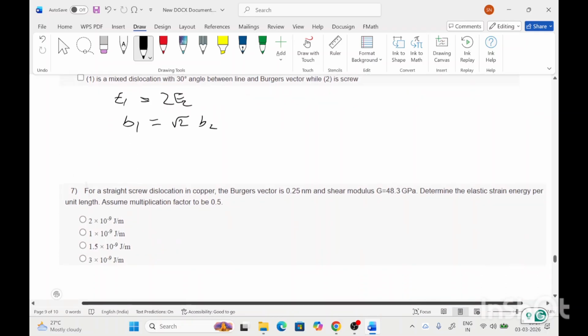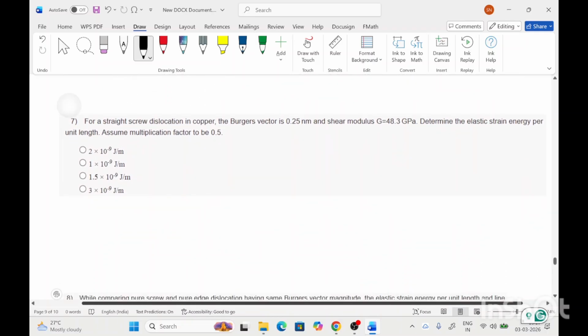Next question. For a straight dislocation in copper, the Burgers vector is 0.25 nanometer, the modulus is 48.3, and the multiplication factor is 0.5. Determine the strain energy per unit length. So E equals alpha G b square, and if we calculate, the answer is 1.5.